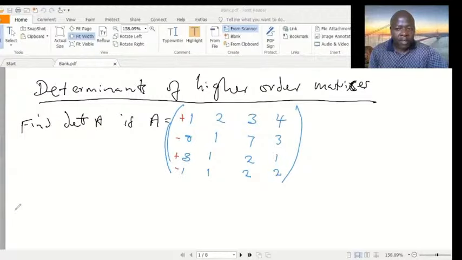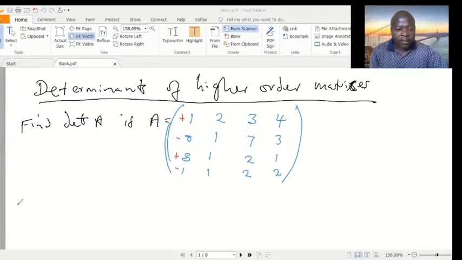So remember, I must reduce this to a 3 by 3 matrix, and then reduce the 3 by 3 matrix to a 2 by 2 matrix. This will be a bit long because the 4 by 4 matrix, you must reduce it to a 3 by 3 matrix first.